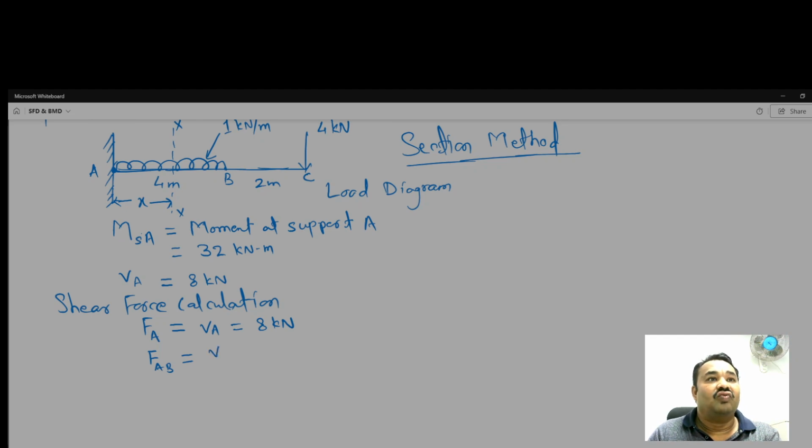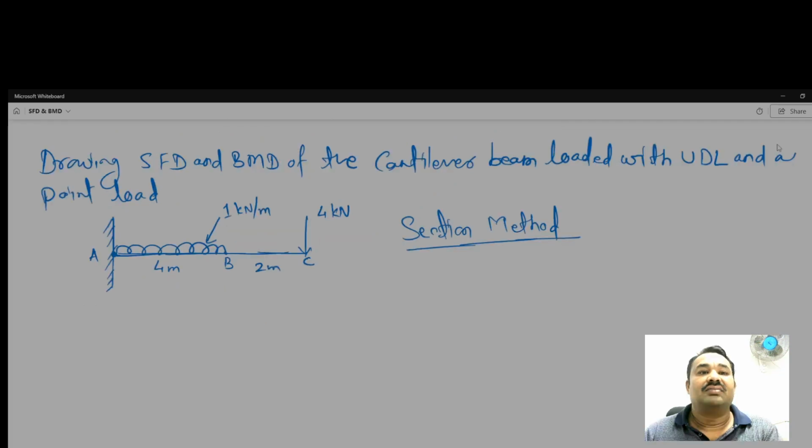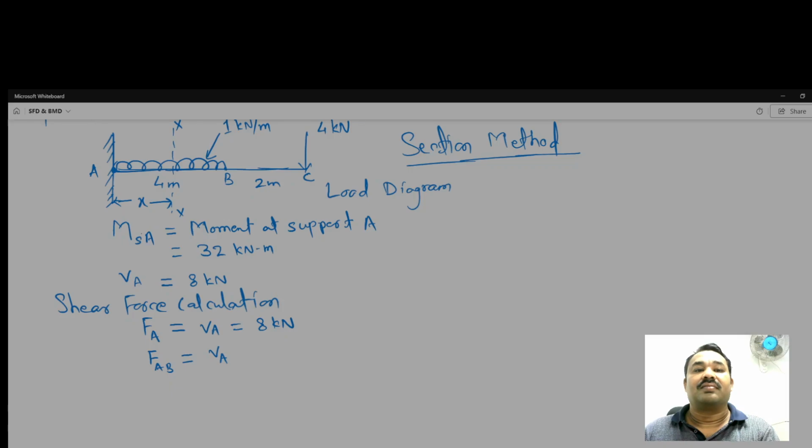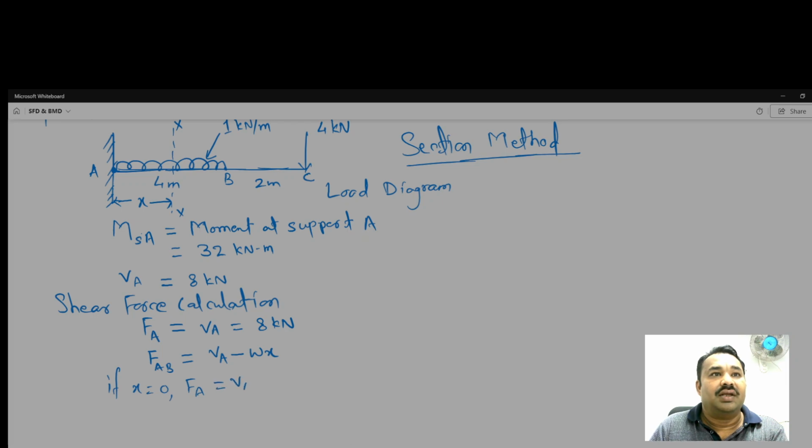This will be VA minus WX. So now if X is equal to 0 means we are talking about FA, so we are getting VA, this one, and X is equal to, suppose we put 4. So this is the boundary condition.